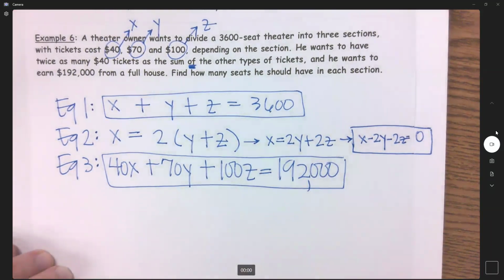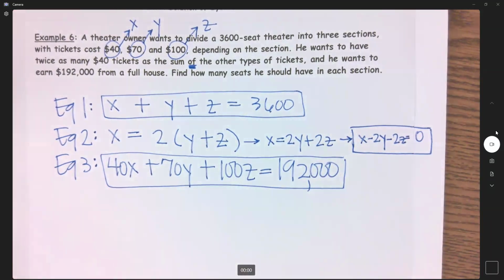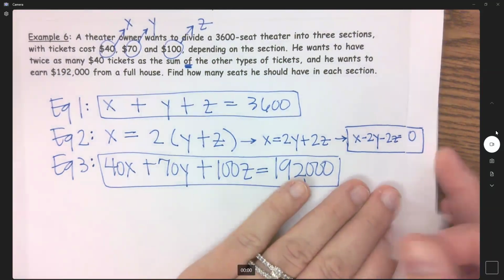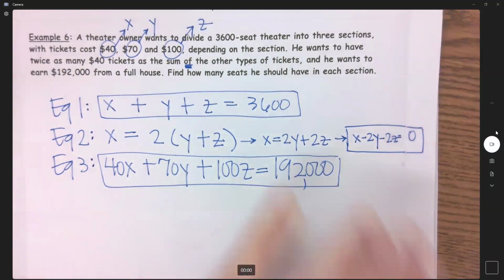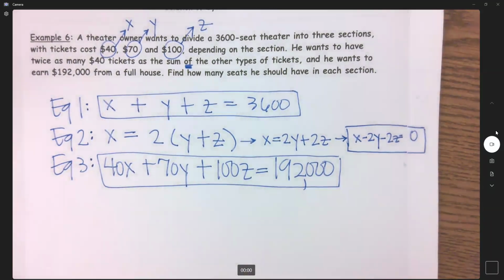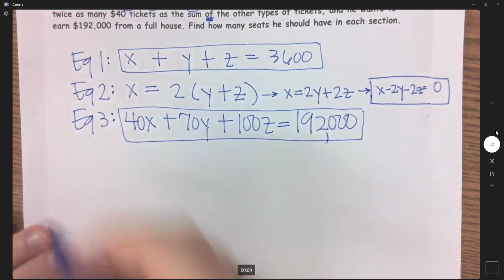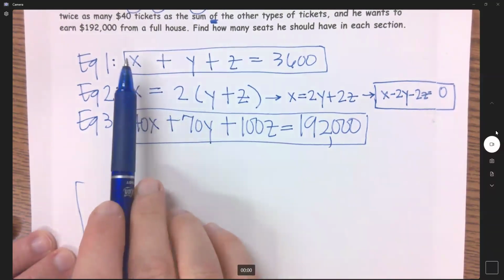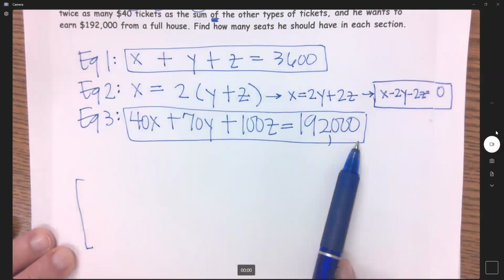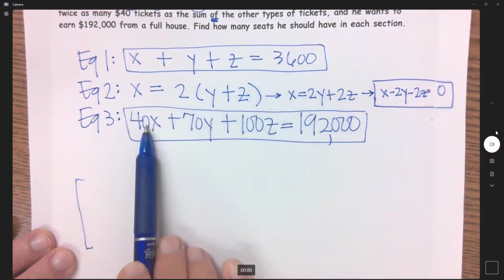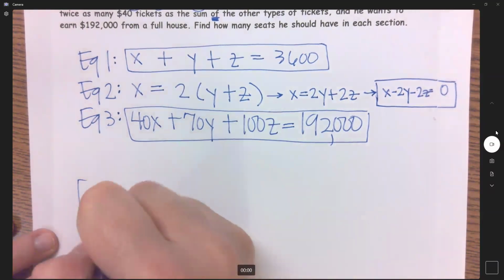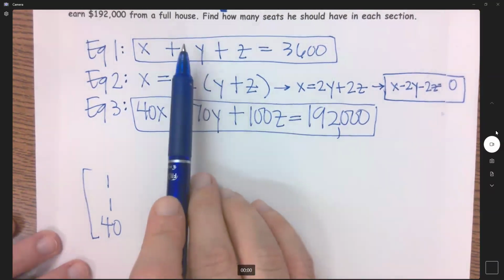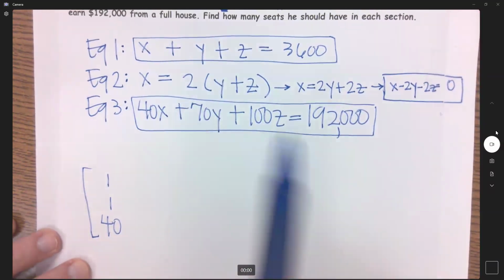So my augmented matrix. My x column, using these equations, is 1, 1, 40. My y column is 1, negative 2, 70.